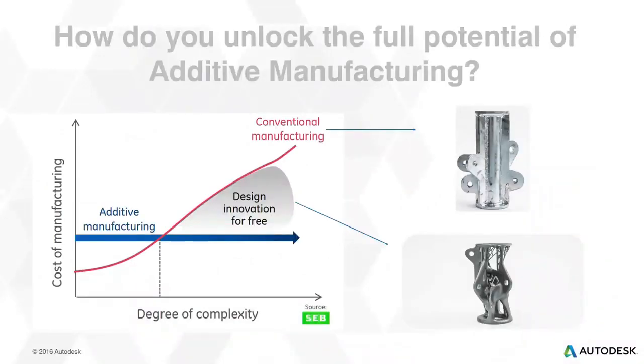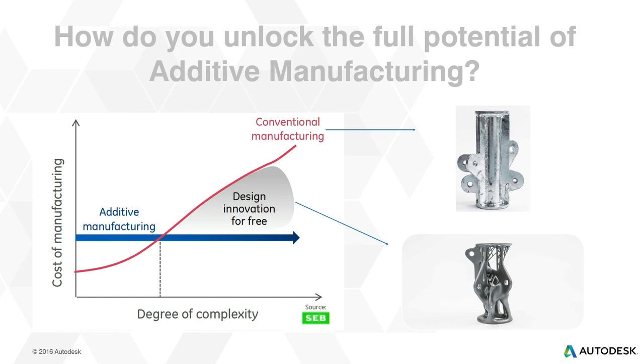For the first piece, we'll talk about how we can add performance to our products. With conventional manufacturing, as we add more complexity to our parts, the price continues to rise. So we've always had to make products that are heavier than they need to be, that might not look as great as we would like them to, but we've made those compromises just for the production process that we have.